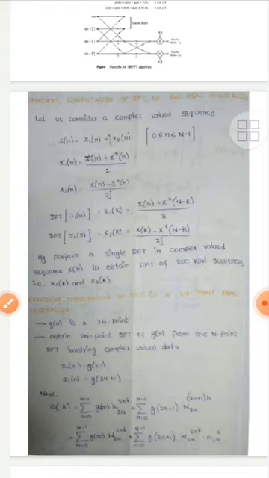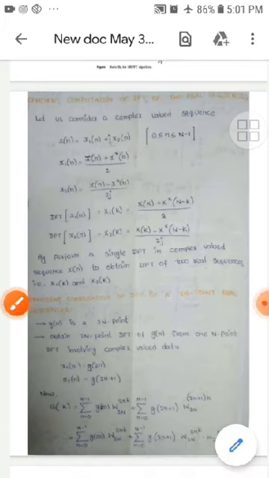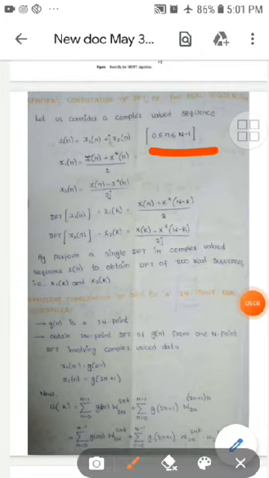Suppose x1 of n and x2 of n are two real valued sequences of length N, and let x of n be a complex valued sequence, that is x of n equals x1 of n plus j x2 of n, where 0 less than or equal to n less than or equal to N minus 1.